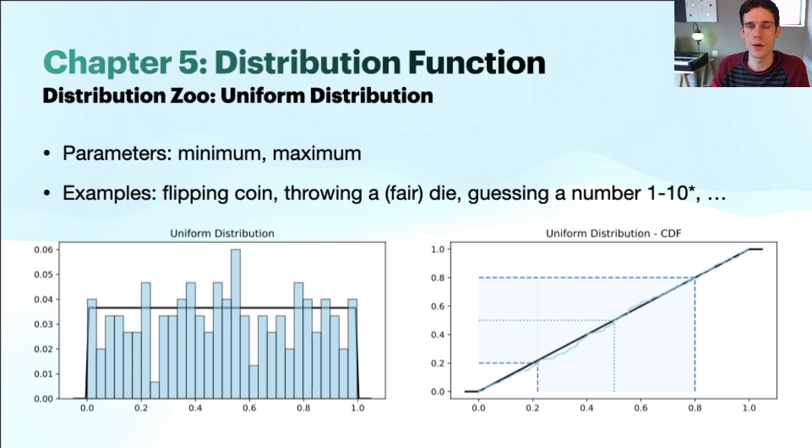Now, in our scenario, because we chose the minimum and the maximum parameter to be 0 and 1 respectively, the 60% data interval, and in fact all of the percentiles, will map 1-to-1 to the actual values. We see that for the 80th and the 20th percentiles, the values map exactly to 0.8 and 0.2.